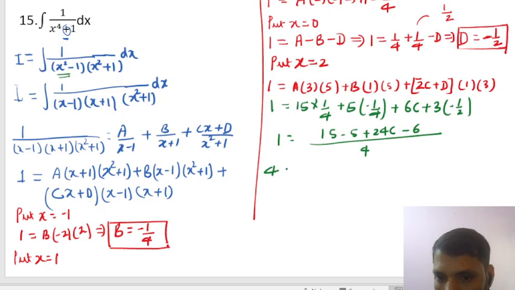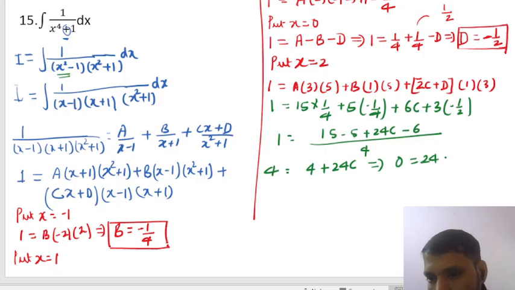So cross multiply, 4 will be equal to 15 minus 5, 10, 10 minus 6, 4. So it is 4 plus 24C. Now from here what can we do? 4 and 4 will become 0. So 0 is equal to 24C. That means from here we can say C is equal to, finally we are getting 0. C is equal to 0.